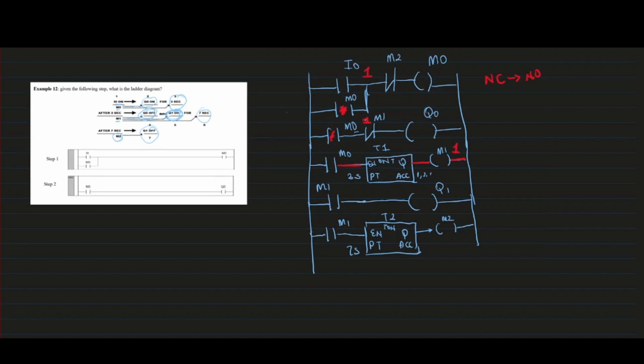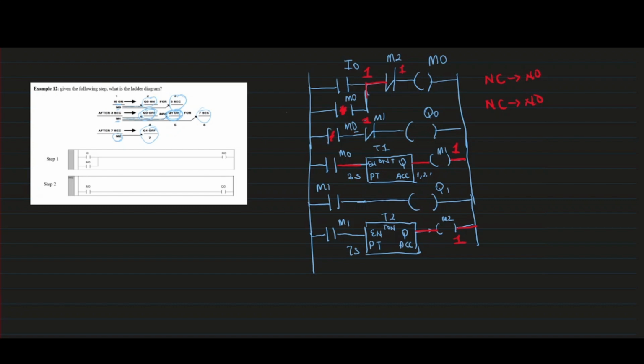The output is still M0, doesn't change. So now normally current would be flowing, but the second it gets energized, that has a value of 1, this normally closed contact will turn into a normally open one, effectively turning off M0. M0 would never have turned on the motor and everything. So it just shuts out the whole circuit.